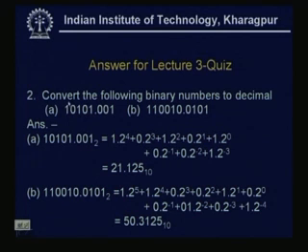Second question was the conversion of the following binary numbers to decimal. As here the binary radix is 2, using the formula we did, this is 10101, meaning 1 into 2 to the power 4, where 4 is the place value.